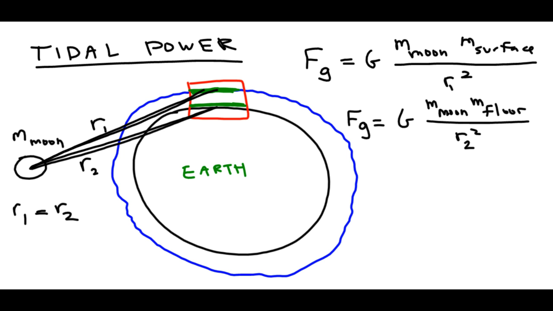Therefore, because the mass of water is the same, the gravitational force on the top water is pretty much equal to the gravitational force on the bottom water. And then, because they're equal, there's nothing weird happening, okay? Nothing weird. We can leave that water in that red box exactly as I originally drew it.